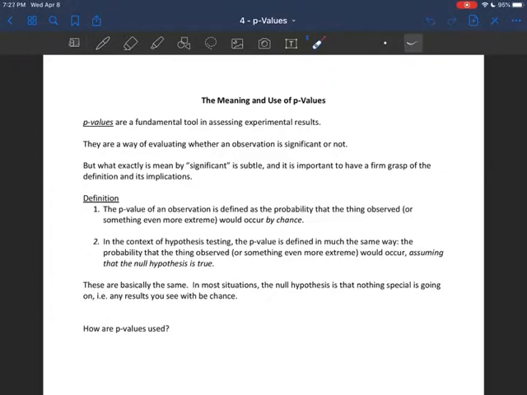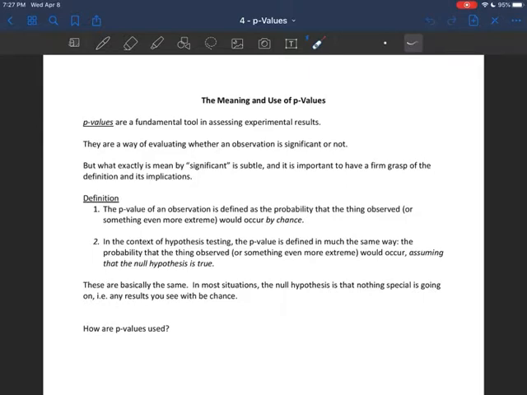In the context of hypothesis testing, this meant that the p-value was defined as the probability of the thing observed or something even more extreme occurring, assuming that the null hypothesis is true. These are basically the same thing. In most situations, the null hypothesis is that nothing special is going on, so that the results you're observing are just chance. So, again, the probability that the thing observed would happen by chance.